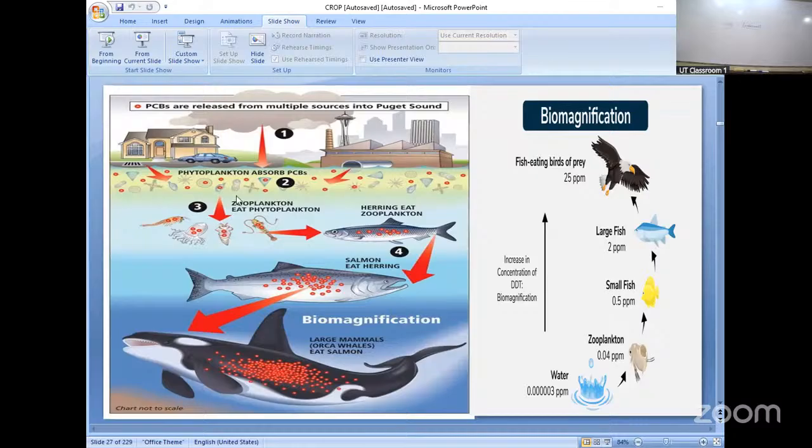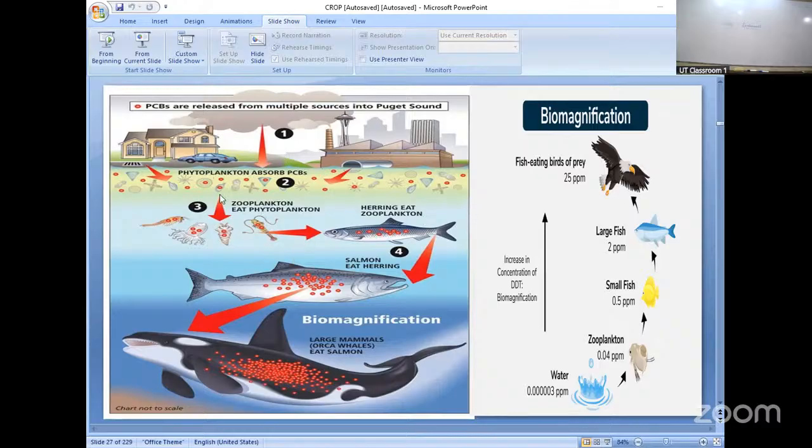Now here, I have told you about pesticides also, right? Yes, ma'am. Chemicals from the industries enter into the water, or if we put pesticides on the plant, and when there is rain, then pesticides enter into that river, right? Then pesticides are taken in by the phytoplanktons, right?